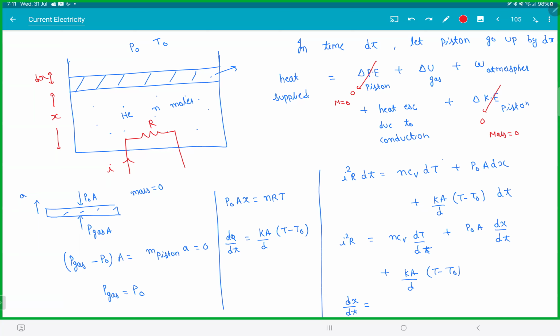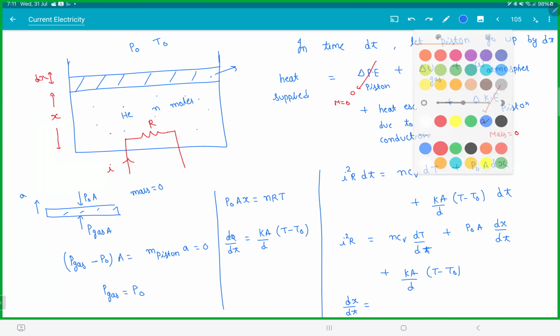Chalo, let's see. Let's see one more. Ishan wanted radiation also.